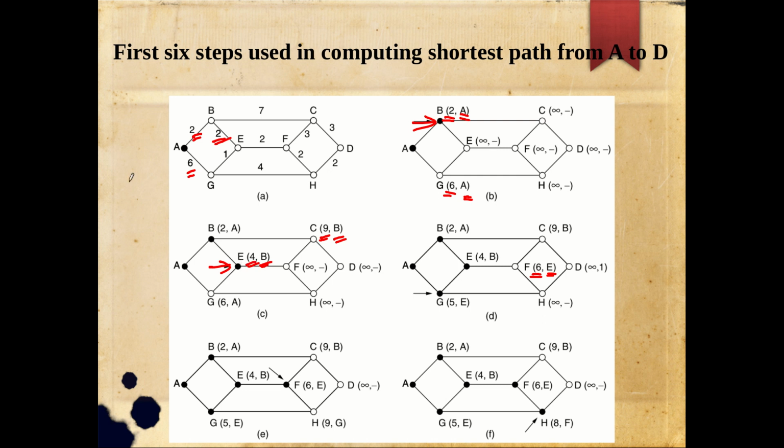So already from A to G directly it is 6, and compared to this 6 now I get a better path. So this 6 is now going to be updated to 5. How am I obtaining this 5? It is nothing but this particular 4 plus this 1, right? Together I can choose this path so that I will get a better path. So this is now updated to 5. So that is about it in this iteration.